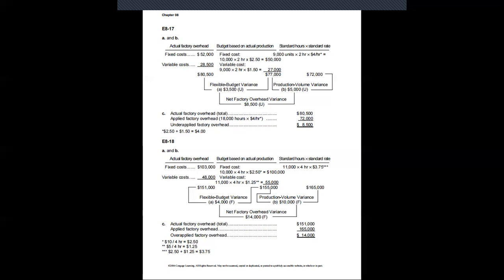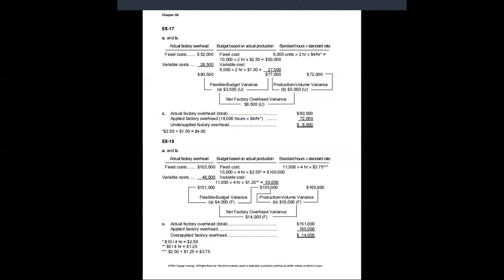We now go to problem 18, calculating factory overhead variances. The company normally produces 10,000 units of product A each month. Each unit requires 4 hours of direct labor, and factory overhead is applied on a direct labor hour basis. Fixed costs and variable costs in factory overhead at the normal capacity are $10 and $5 per unit, respectively.